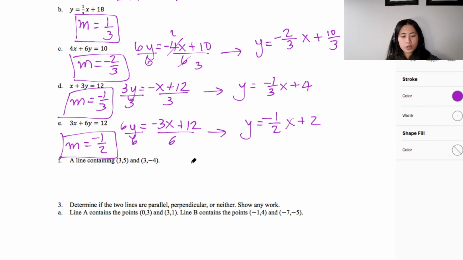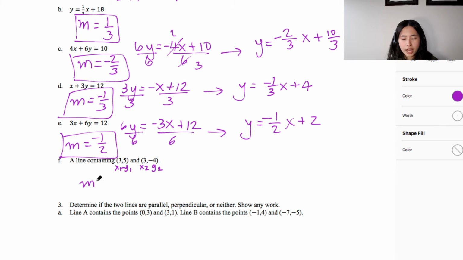Okay, so for this last question, we need to find the slope again. Remember, because you're given a series of points, in this case you have this and this. So you know that this is x1, this is y1, this is x2, this is y2.